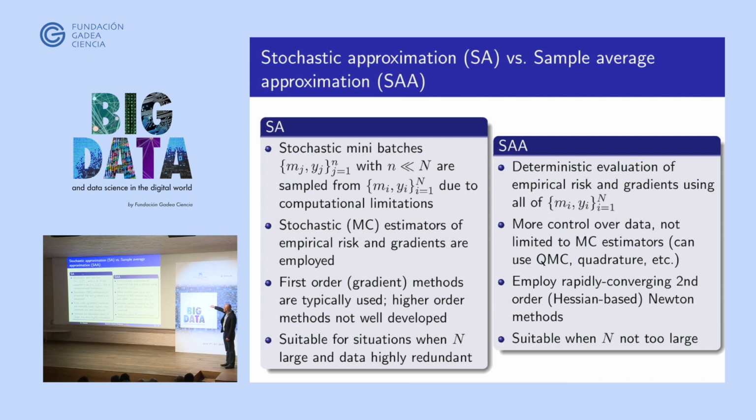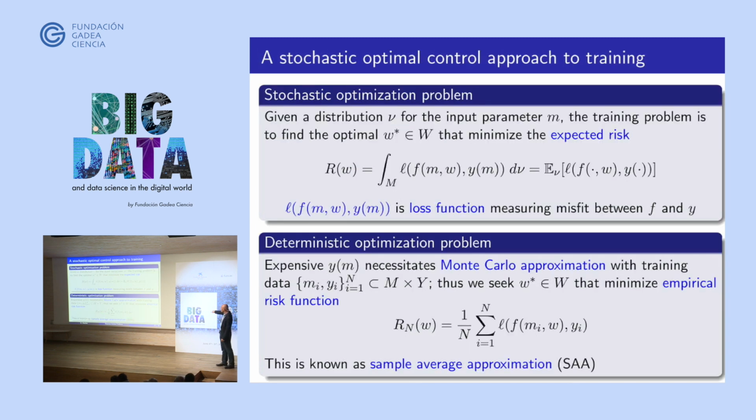Stochastic approximation works with mini-batches rather than using all of the data, because you can think of this as an inverse problem with multiple sources. So for each i, you're sweeping forward through the network, and if you have to do this thousands of times, it becomes prohibitive if you have a very large network, the kind you would need to represent a complex physical model.